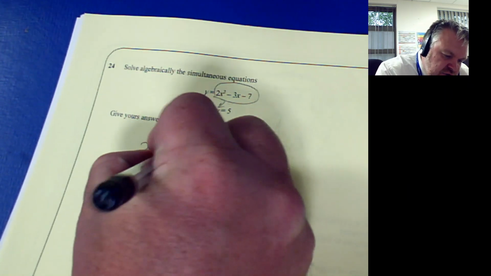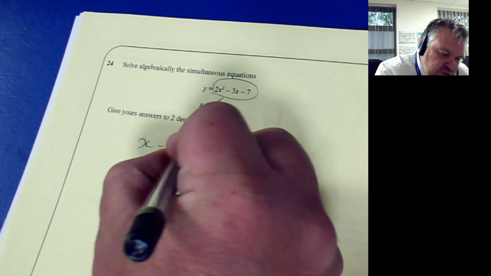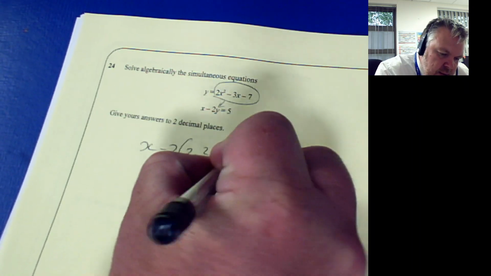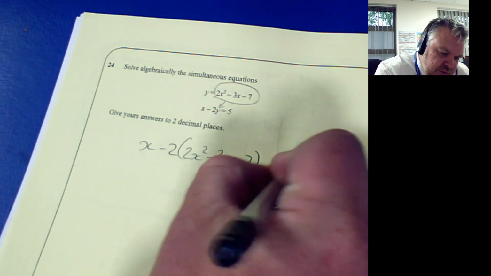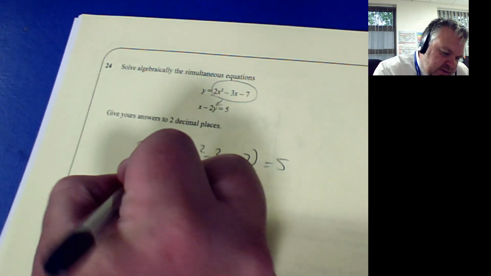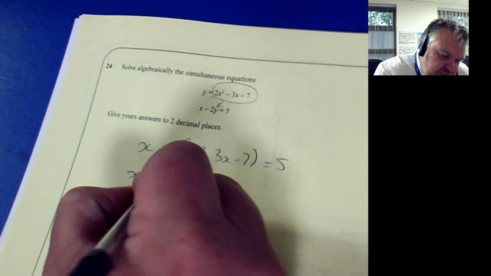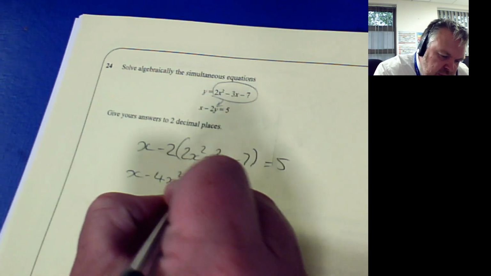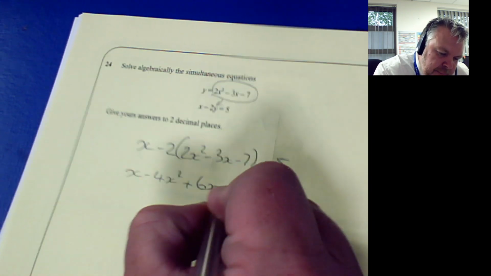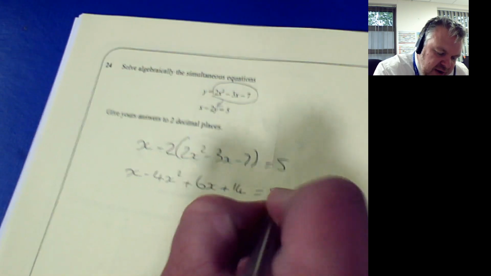x minus 2 lots of what was y equals 5. So x minus, and I'm expanding my bracket out, so minus 4x squared plus 6x plus 14 equals 5.